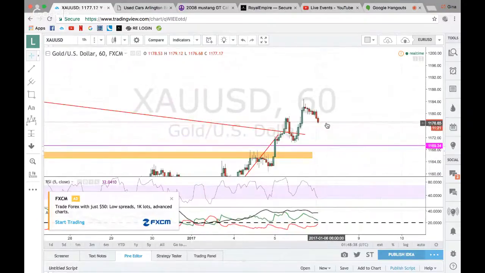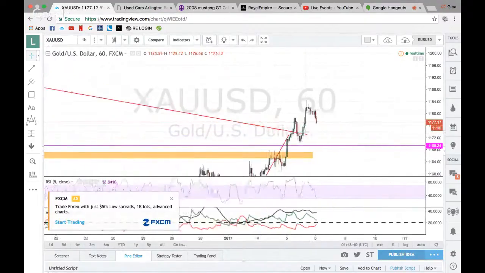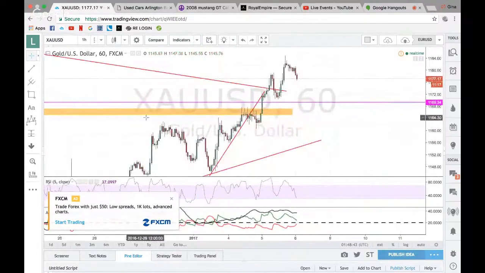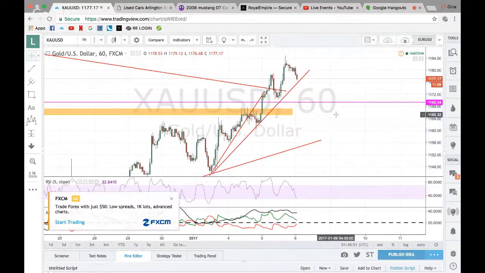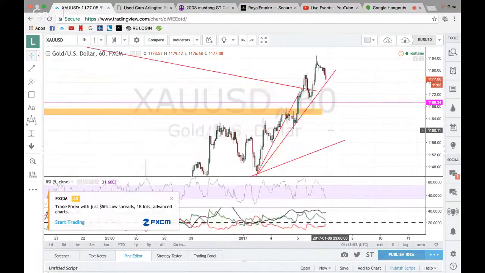It's going to continue to drop, and I think gold is going to spike up for NFP. So we could have a possible gold buy right now. All right. Potential gold buy right now.